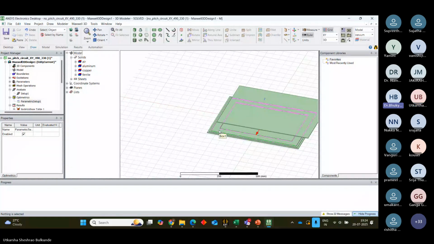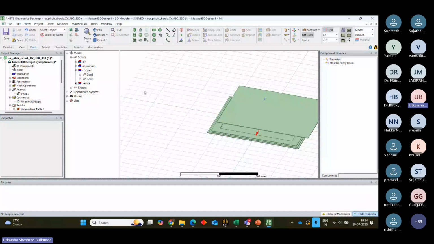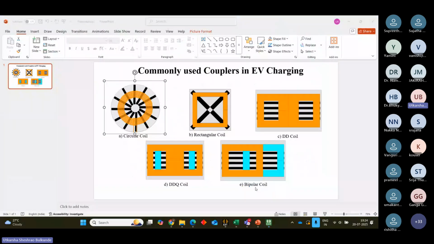Circular coil means, if you make it in this fashion, it will take less time. But if you make it in this fashion, with a number of turns in a spiral form, it will take more time.